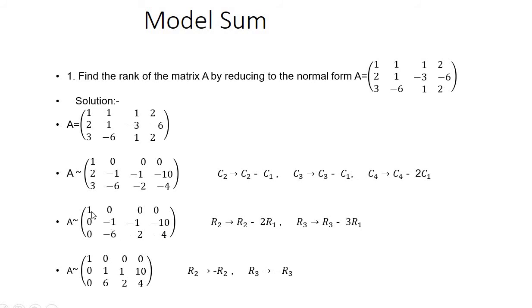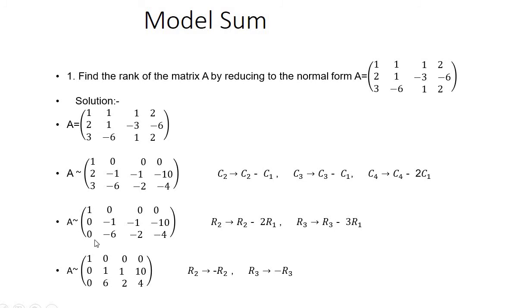We got the first element as 1, and in the second row, the second element should be 1, but instead of 1 we have here minus 1. So, this minus 1 has to be changed to plus 1. So, take R2 as minus R2, and similarly R3 also you take minus R3.